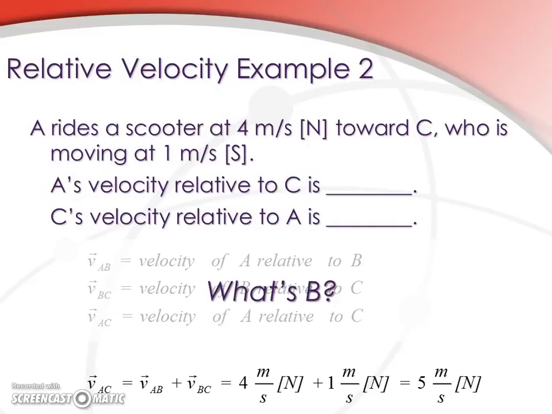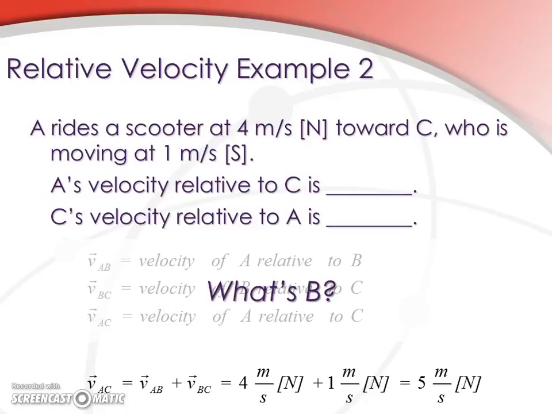I refer to B as Brian, but since Brian's standing still, this is, I guess, the most common case we'll tend to talk about. With Brian standing still, effectively, he's the Earth.